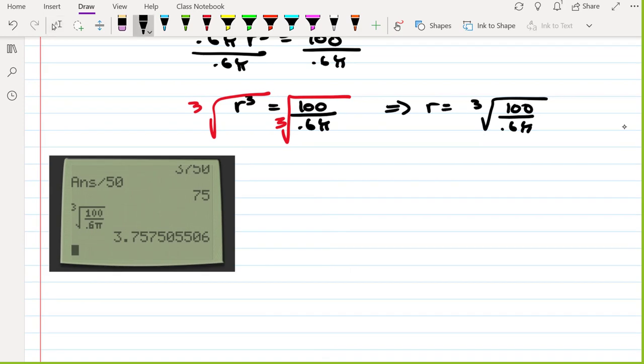So that gives us that r is about 3.76 centimeters.